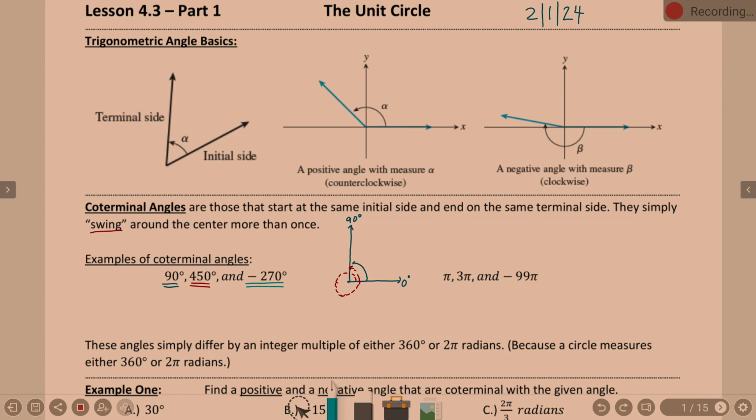Negative 270. So where am I starting? Starting at 0, yes. Negative says from 0, instead of going up and around counterclockwise, I'm now going to go down and around clockwise.